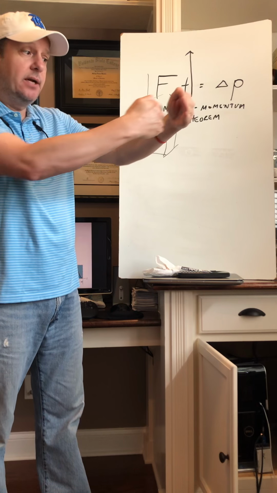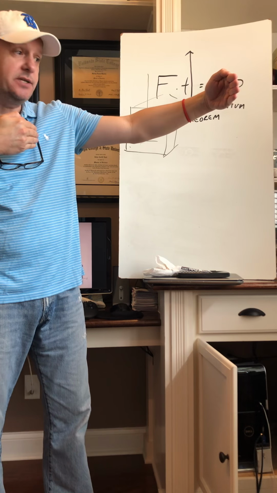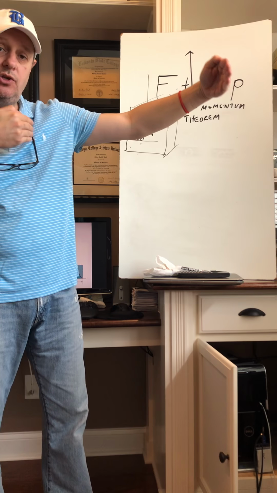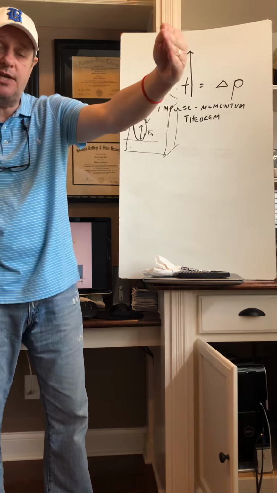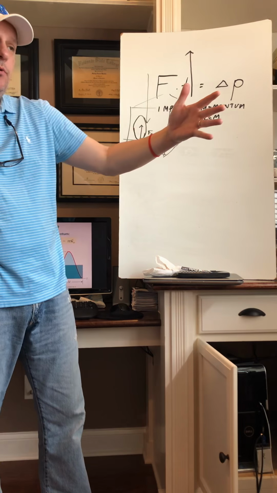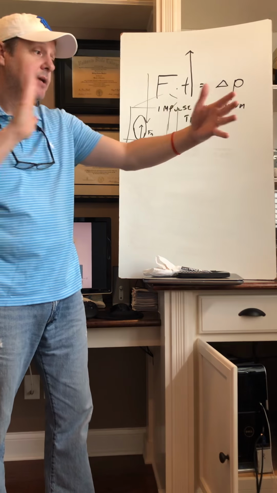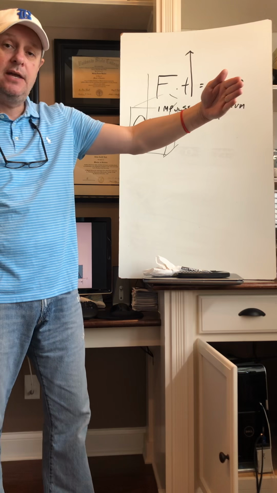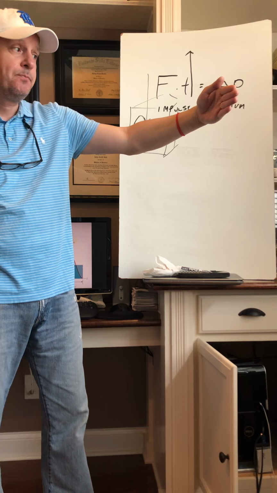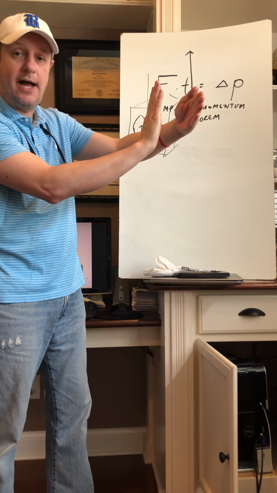Seatbelts, once again, help. But what does the airbag do? Well, the airbag comes out and is a space between you and the steering wheel, or on the passenger side between you and the dashboard. And what does it do? When you hit the airbag, instead of going forward really quickly in a short period of time, it goes like this. You hit the airbag and it goes like that.